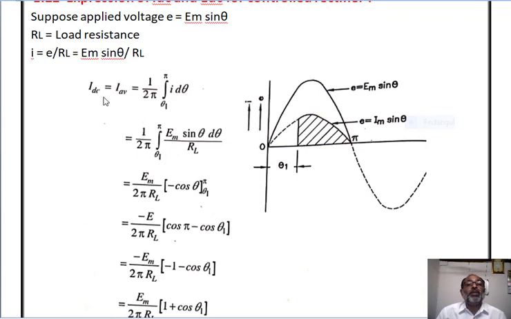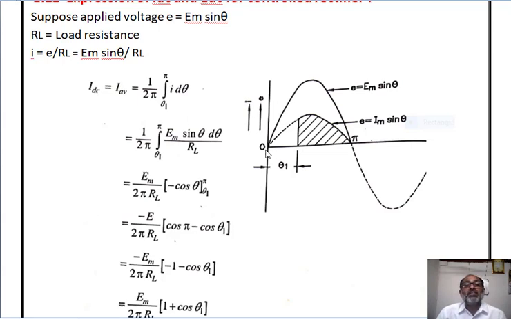Now how do we find the average value of the current, or IDC? Already I told you, to find the average value, first we have to find the area covered by the irregular shape, and for this we are using integration. That means the area covered by the curve divided by the base.